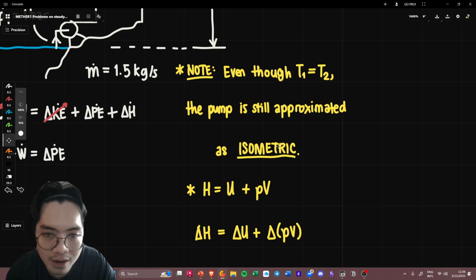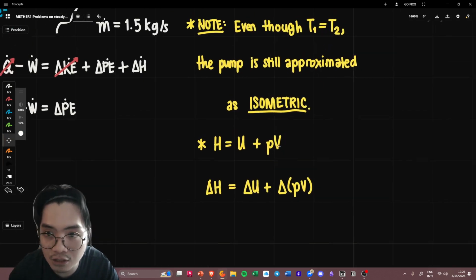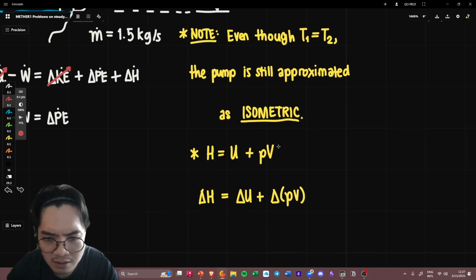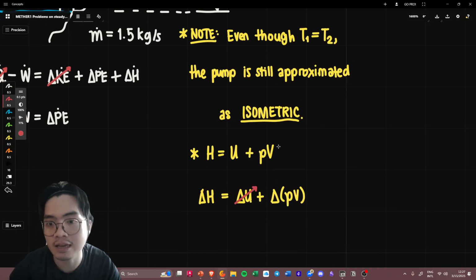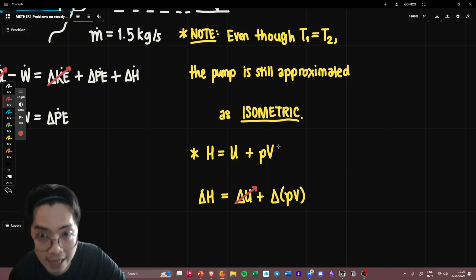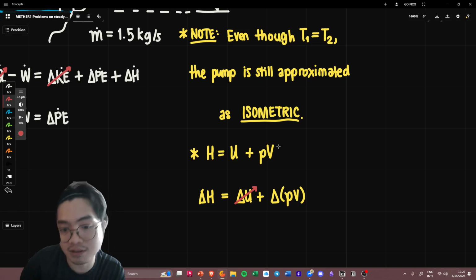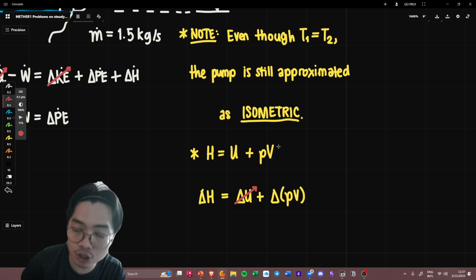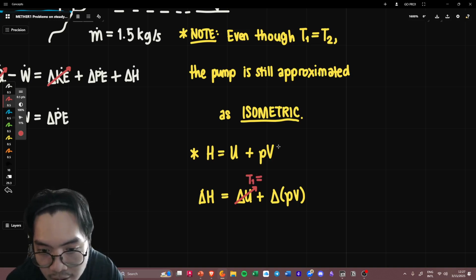When we say that your T1 is your T2, when we say that things are isothermal, it seems like there's no change in internal energy. Internal energy is just a function of temperature, aka how fast the molecules in your fluid are jiggling. If they are jiggling the same based on the temperature, there's going to be no change in your U. So that means 0.